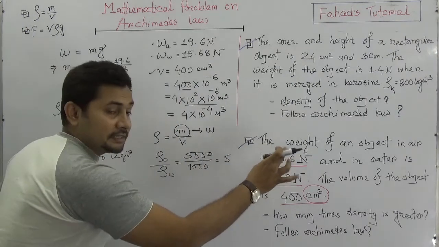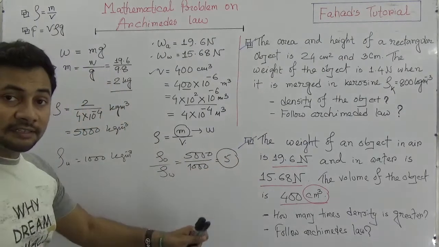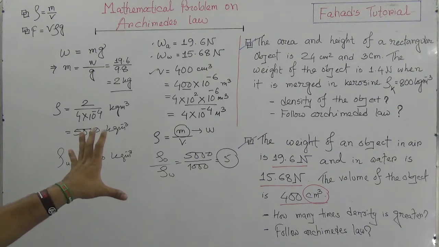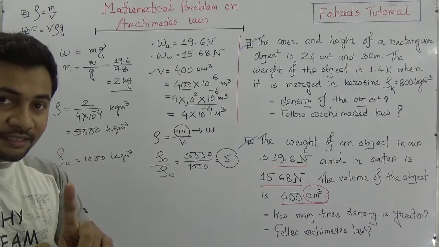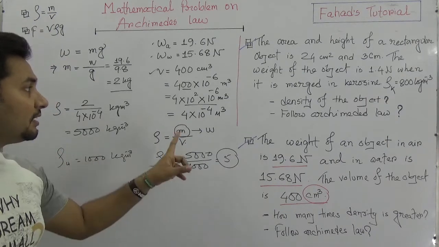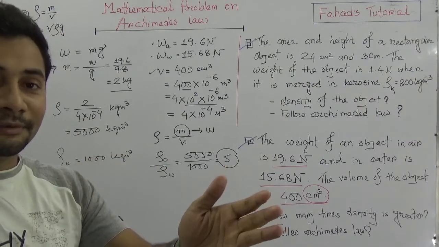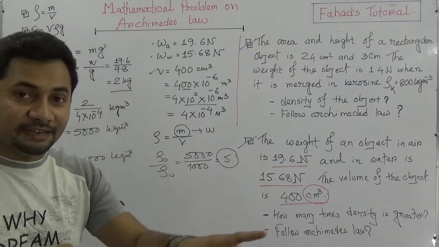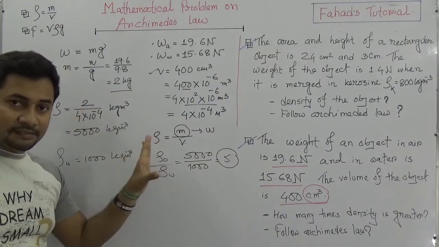So the density of this object is 5 times greater than water. I hope this is easy. Those who are watching these tutorials, this is something very easy, and we will do some advanced mathematics later on, but before jumping to that level, you must ensure that you understand this process, though it's very easy.